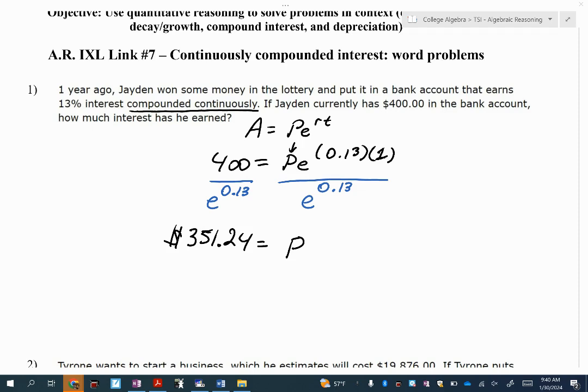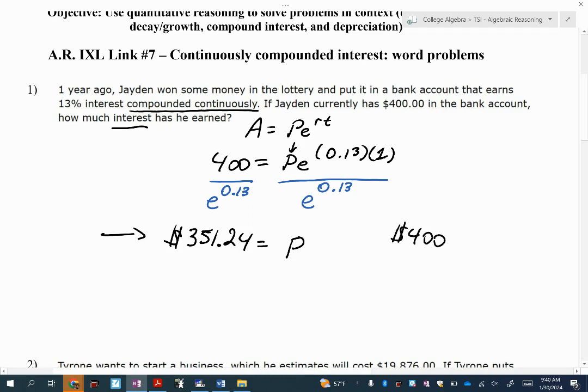Now, if you type this in, you would be wrong. Because the question says, how much interest has he earned? Remember, this is what he won and invested into the account. How much money is in his account right now? 400.